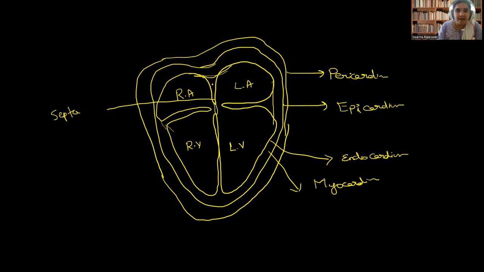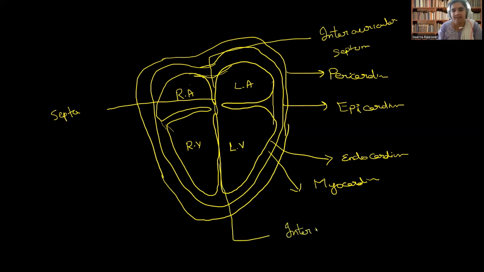So this septum, which is dividing the 2 auricles, present in between the auricles, we are calling it interauricular septum. This septum, which is dividing the 2 ventricles, is the interventricular septum.